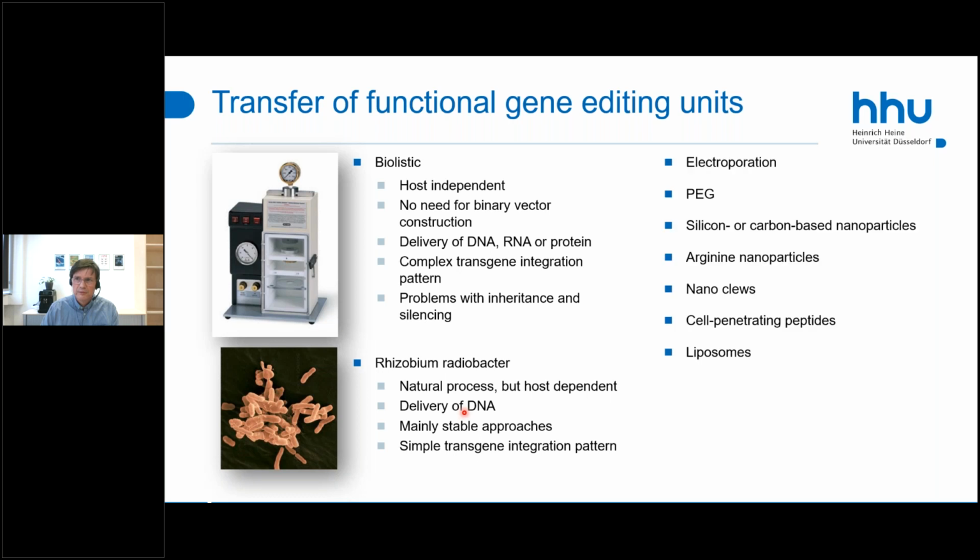But recently, there are also other platforms and technologies in use for gene editing, like electroporation, PEG-mediated techniques, or more recently, the use of nanoparticles. These could be silicon-based or arginine nanoparticles, nanoclays, cell-penetrating peptides. So there are a number of emerging technologies which allow the transfer of our functional gene editing units.